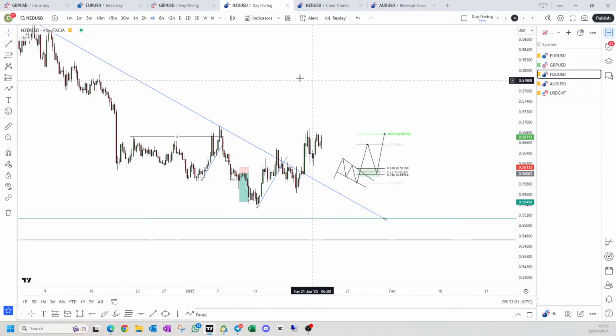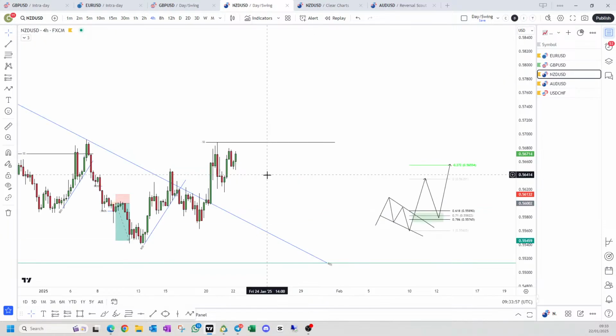So NU's broke out, okay? We could jump the gun a little bit and say that this is a substructure, this high, like that. So then, if this breaks like this, we're going to look for an area of inefficiency to then trade price higher, like that. I think that's pretty valid at the moment.